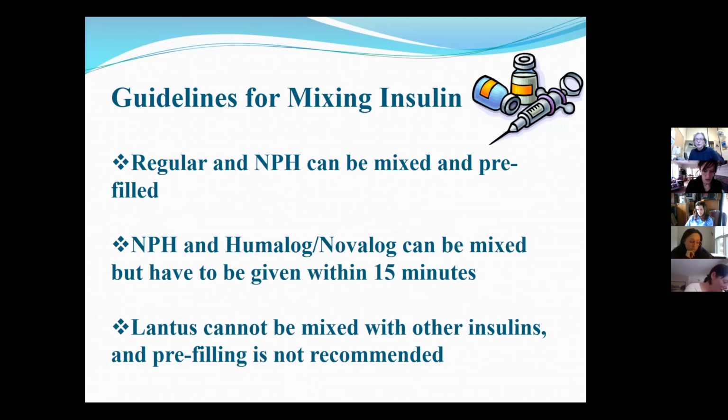So clear before cloudy, because we want that rapid acting insulin to absolutely remain active, for rapid or short administration. Okay, so those are your guides for mixing.